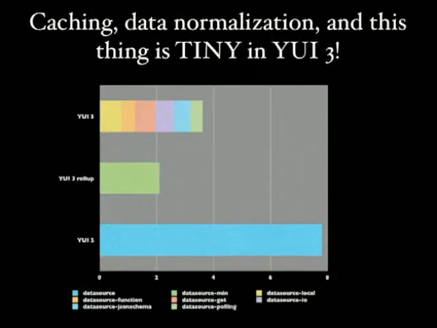So if you've ever used the data source utility in YUI 3, or in YUI 2, it's good. It's full of features. In fact, it's so full of features, it's weighing in at about 7K, 7 plus. The thing is, it supports JSON, it supports XML, it supports comma delimited, it supports just having a function that returns data.